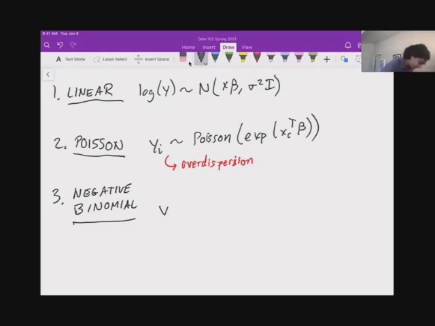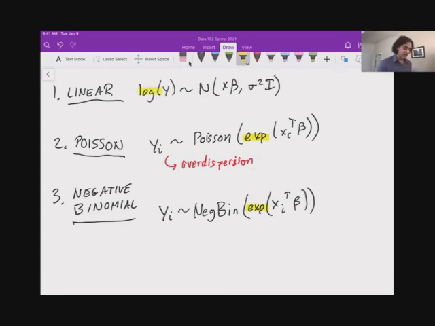And what we're going to assume is that yi is negative binomial, and its mean is going to be xi transpose beta. And again, negative binomial is a count, it has to be positive, so the parameter also has to be positive. So just like before, we're going to exponentiate this. And remember that if we exponentiate x transpose beta, that's kind of equivalent to taking the log of y, right?